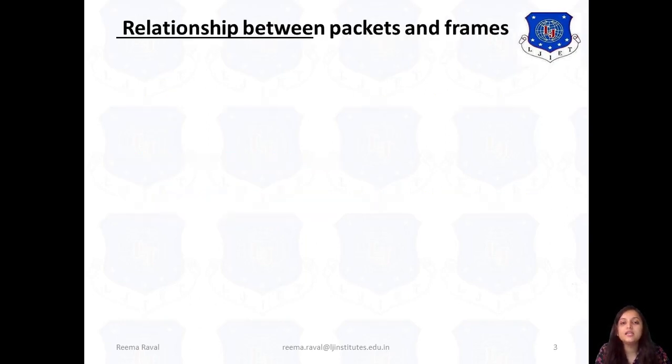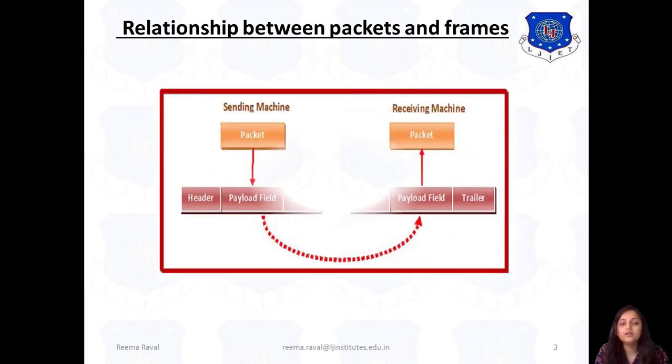Now, let us see the relationship between packets and frames, right? Here, as you can see, the sending machine sends the data in terms of packets. Then, to frame this, the first field in a particular frame is the header, the second field is the payload field where the data exists, and the third field is the trailer field, right?